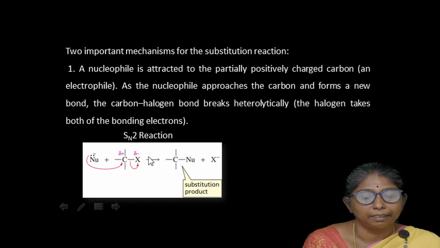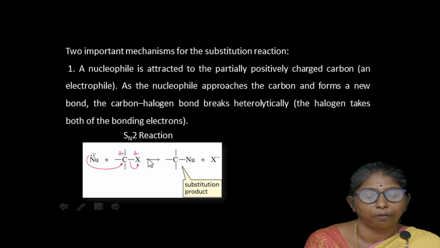This reaction takes place in a single step and is called the SN2 reaction, that is bimolecular nucleophilic substitution reaction. In the picture you can see the carbon as an electrophile, the halogen removed, and the nucleophile attacking that carbon. The product is a substitution product in which X is replaced by a nucleophile. So this is the SN2 reaction.